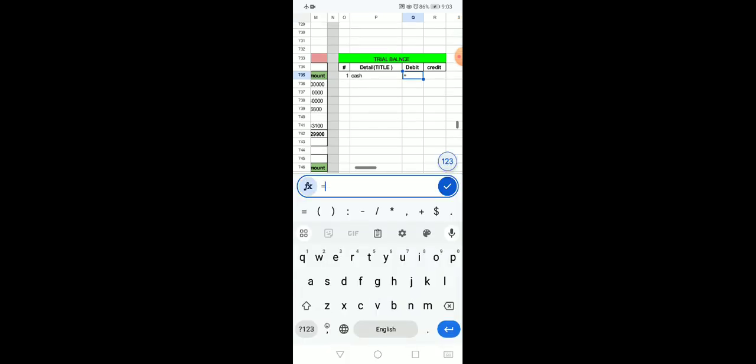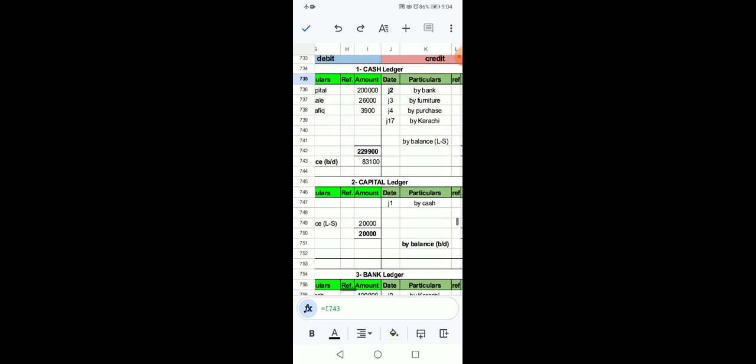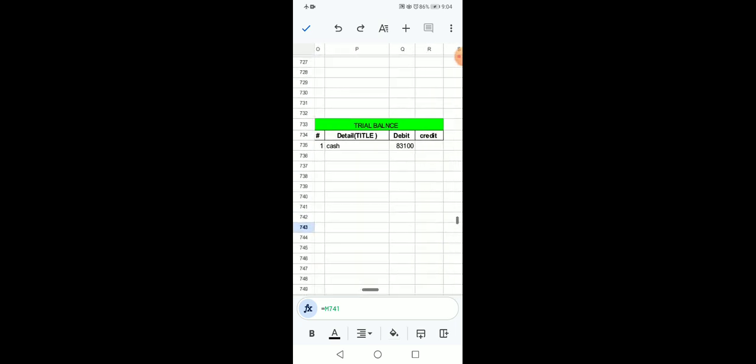So you are going to put the same balance which is written in front of balance brought down. The same side you will choose. This balance was brought down on the debit side. You have chosen the same side, debit, and the amount written in front of balance brought down was 83,100, and the same amount you have posted in front of cash.